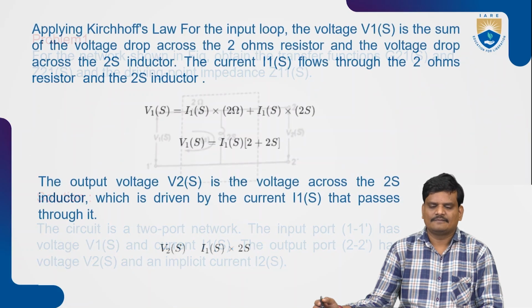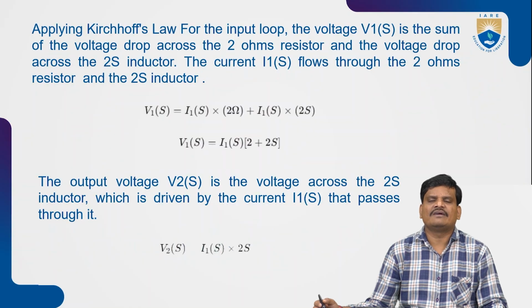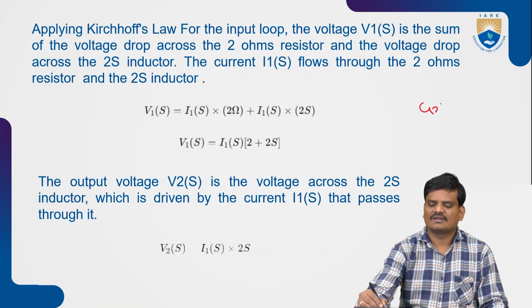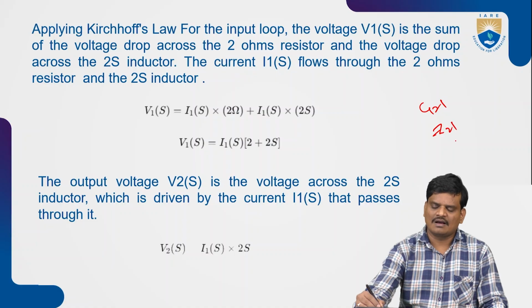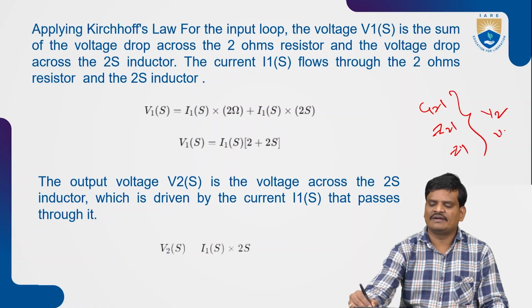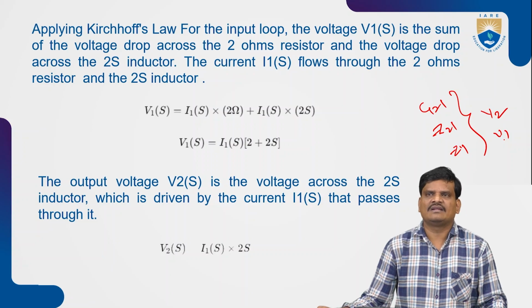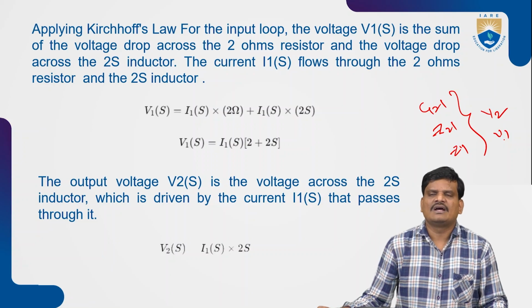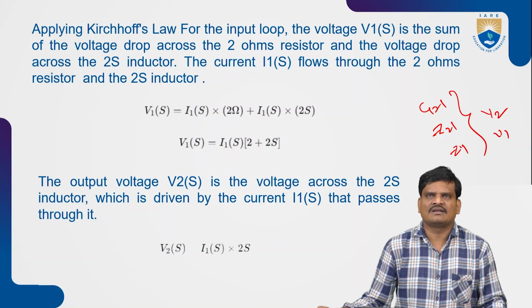Coming to the next thing. In order to evaluate G21 or Z21 or Z11, I need to calculate the value of V2 and V1 first. I need to calculate the voltage across the second port, as well as the voltage across the first port.